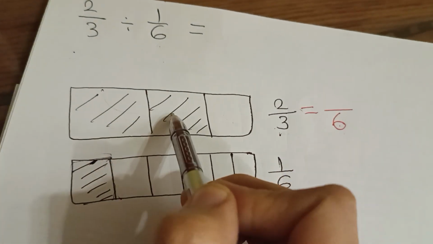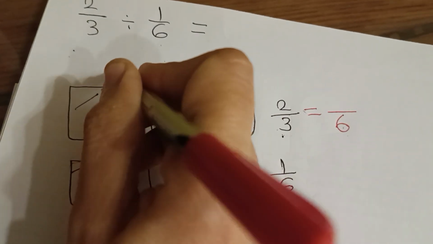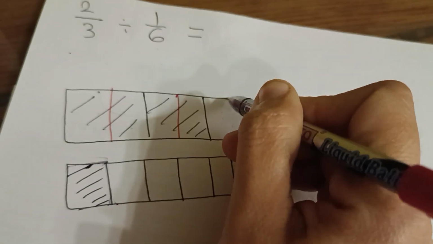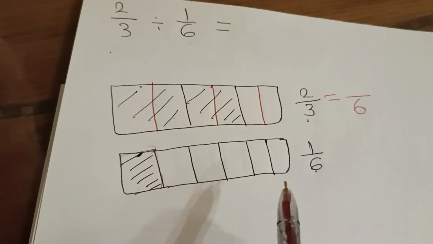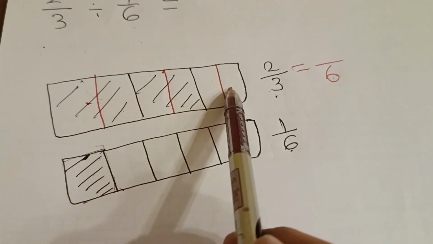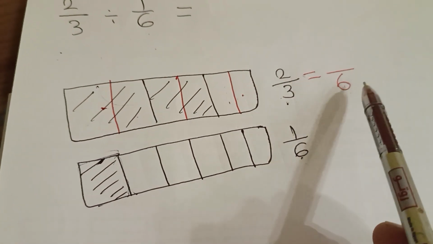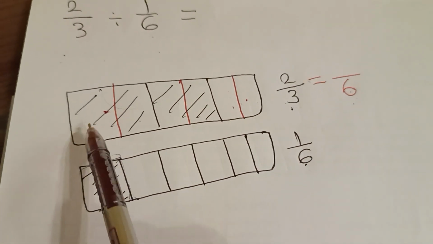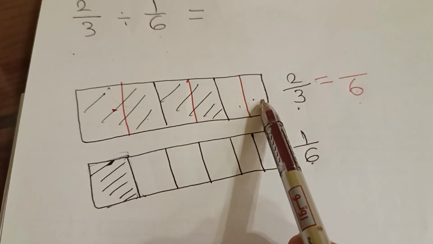So each part of them will be cut into 2 parts. 1, 2, and I will cut it also into 2 parts, and I will cut this part into 2 parts. Now my fraction can be written as an equivalent fraction with denominator 6, because the total parts I have now are 6. 1, 2, 3, 4, 5, 6.